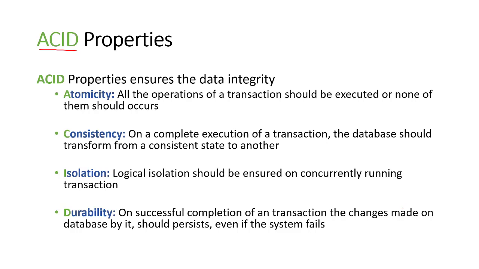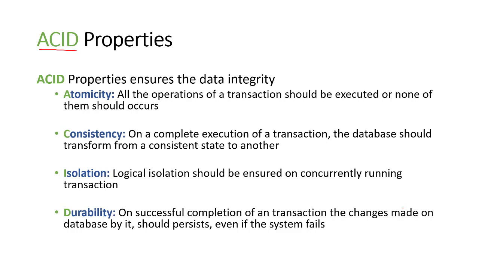The next one is durability. Durability means, as you remember, before the transaction, the database is in a consistent state. After the transaction, the database comes to another consistent state, for maintaining the consistency property. Now, what does durability say?